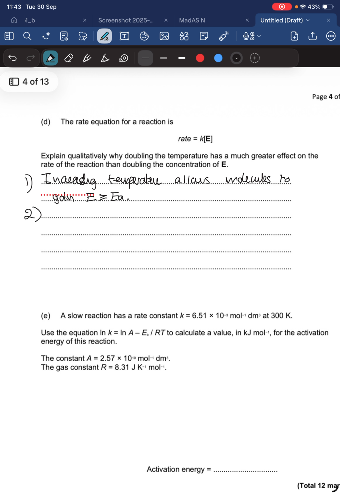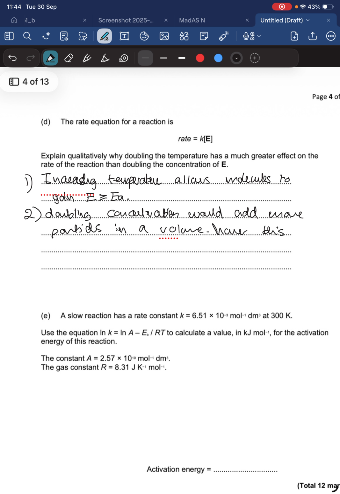My second point would be doubling the concentration would add more particles in a volume. However, this does not change activation energy.